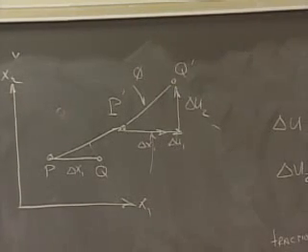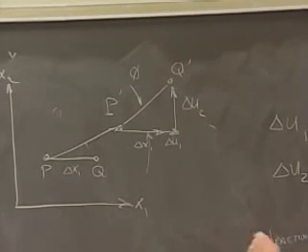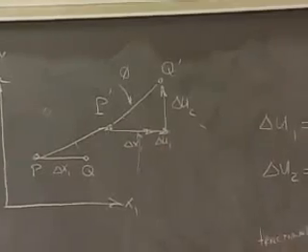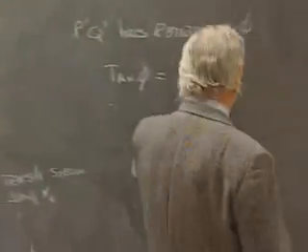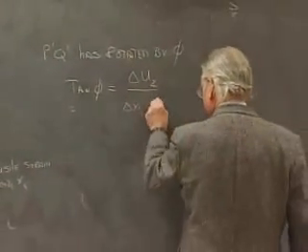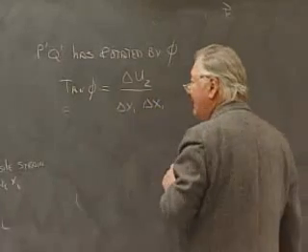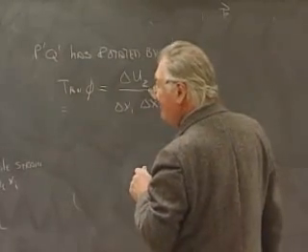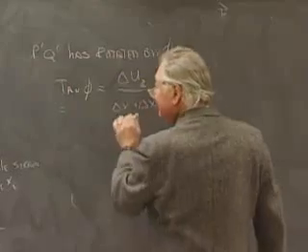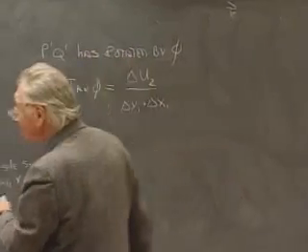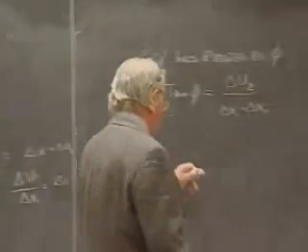And this is delta u1. So this is delta u2 over delta u1 plus delta x1.